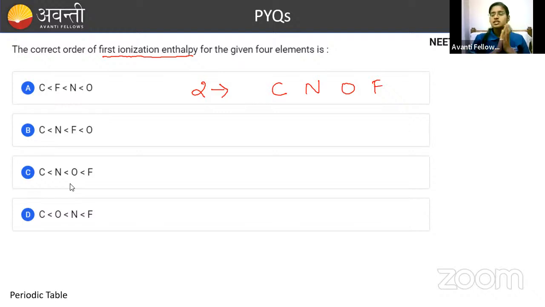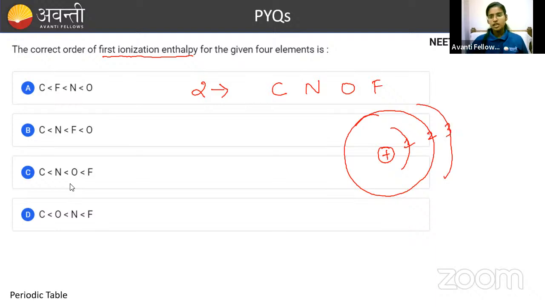What is ionization enthalpy, first of all? I have an atom, and I have the nucleus and shells. This is shell number 1, this is shell number 2, this is shell number 3, etc. I have electrons in each shell: 2 electrons in shell 1, electrons in shell 2, and electrons in shell 3 also.